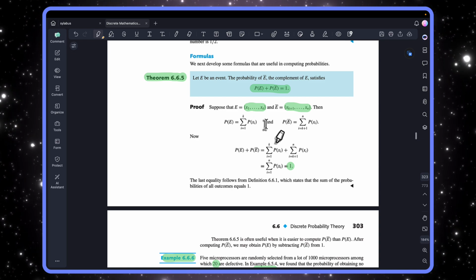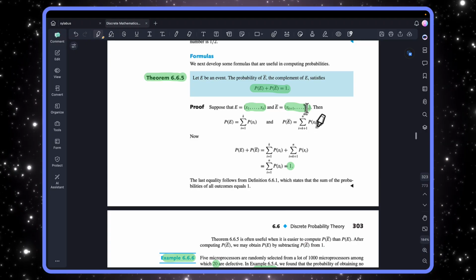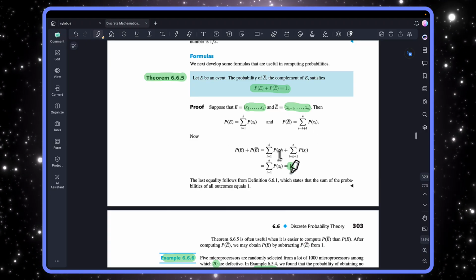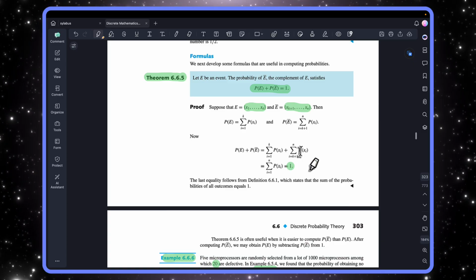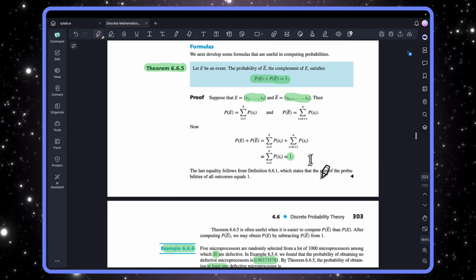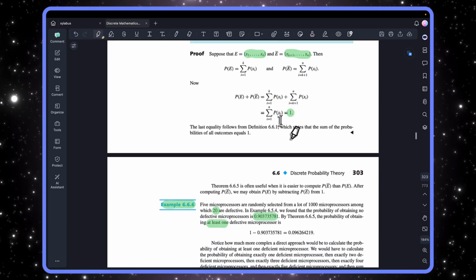And the probability of the complement is you add up the probabilities of all the things in there. When you add them together, you're adding up the probability of all of the elements. We know that's equal to 1. So sometimes when you're interested in knowing the probability of an event, you look at what the complement is, and that's how you would do it.